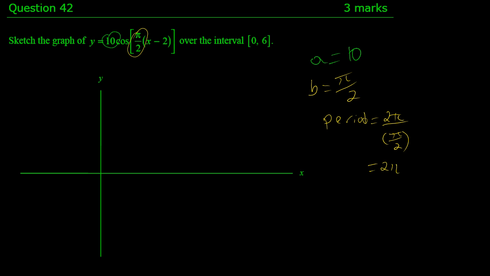Instead of dividing by pi over 2, I'm going to take the reciprocal and multiply. We get some canceling happening here. The pi's cancel. Pi divided by pi is 1. So 2 times 2 is 4. So my period is 4. That means that every 4 units horizontally, the graph will repeat itself.